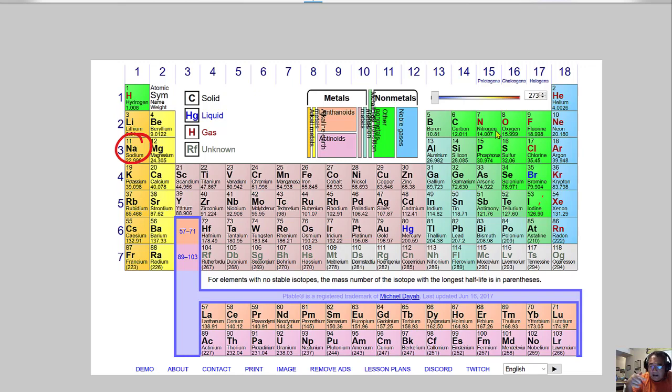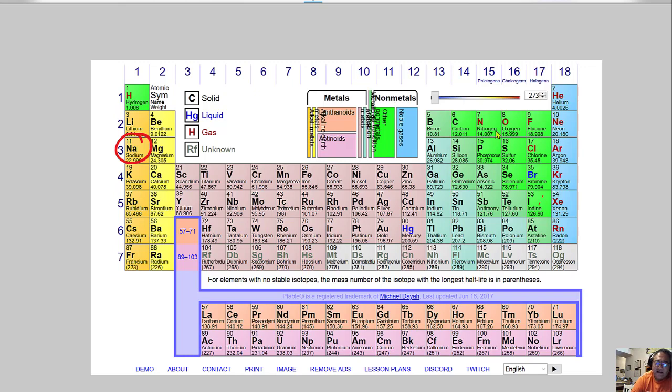Now, maybe you don't think about it. Maybe one of these days you can come by the lab and I can actually show you. If you take pure elemental sodium and cut it, it's soft and malleable. It's not like sodium chloride, the white ionic compound. It's shiny on the inside. It's also very reactive with water, so we keep it in oil.